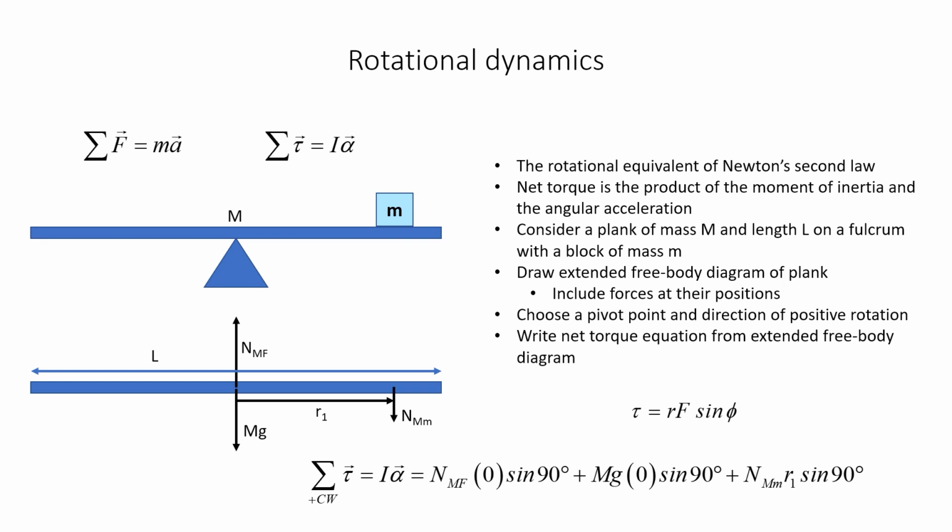Sum of torque equals I alpha equals the normal force on the plank from the fulcrum, times 0 because the distance from our pivot point is 0, times sine 90, which would be 1, plus mg, our gravitational force, but it also has a multiplication of 0 because it's at the pivot point as well. The only term that survives is the normal force on our plank from our block, times r1, which is the distance, times sine 90, which is the angle between r and f.